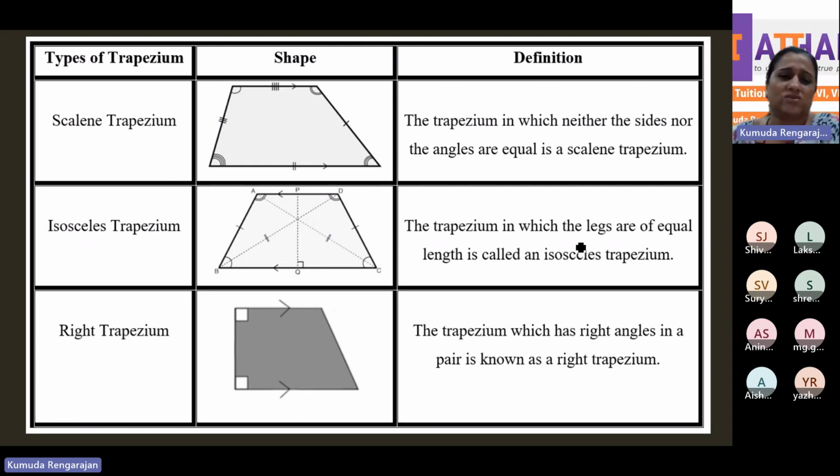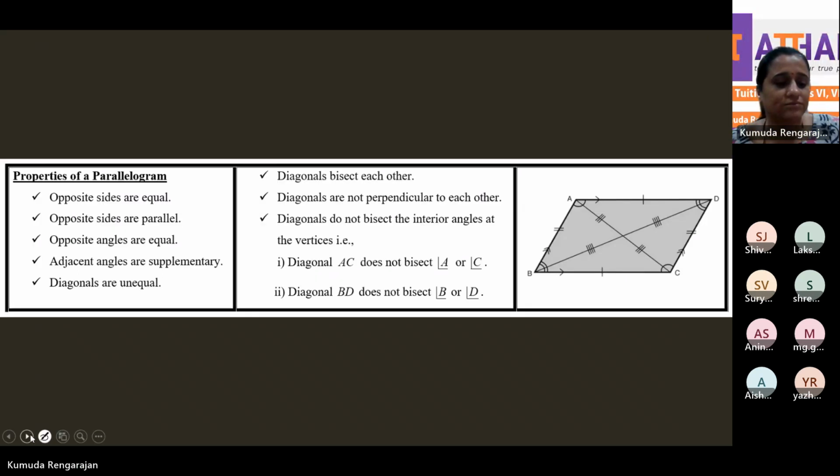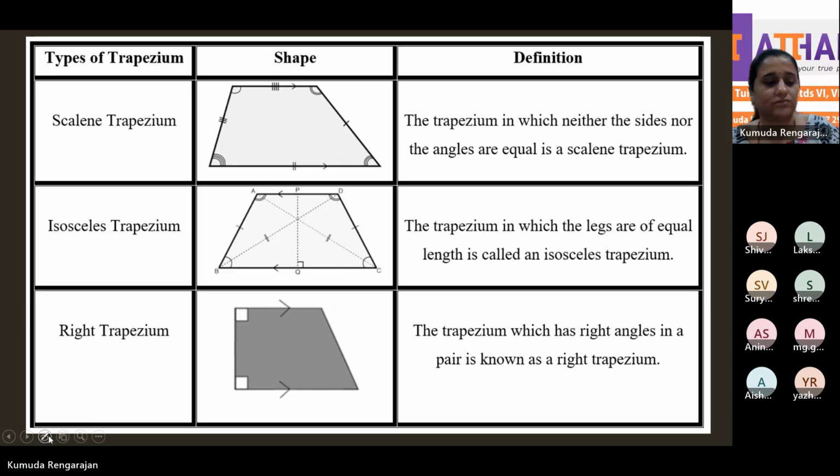You can understand these, children. For the scalene trapezium, isosceles and right trapezium, you can see the explanation alongside. I'll leave this to you.